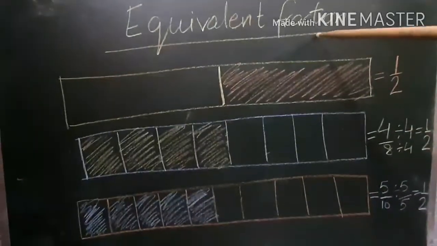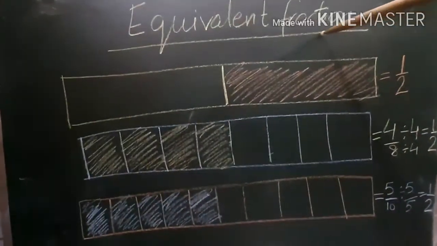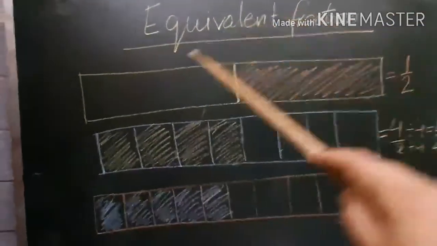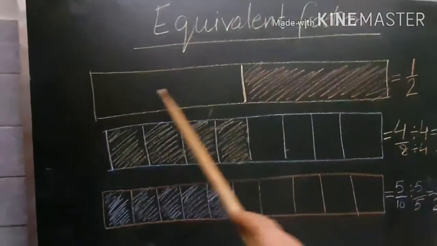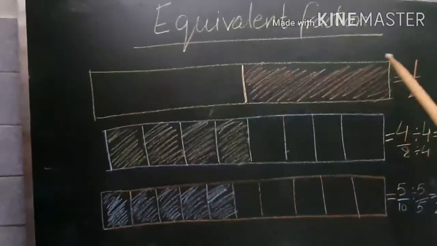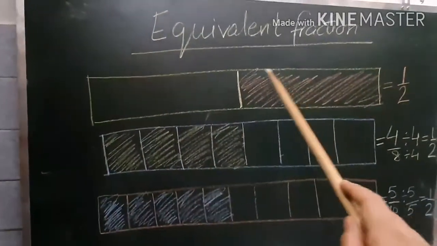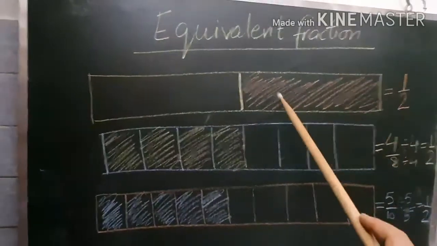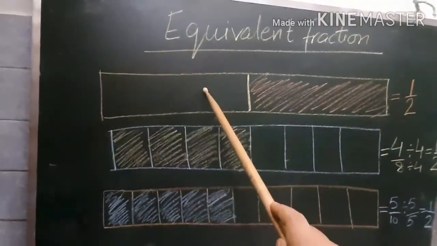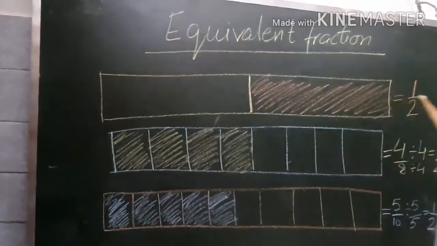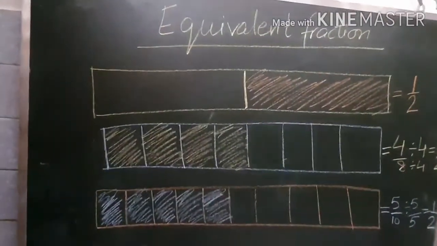Now let's understand what equivalent fractions are. Have a look at this figure. It is a whole which is divided into two parts. One of its parts is shaded and one remains unshaded. So what will be the fraction? It is 1/2.